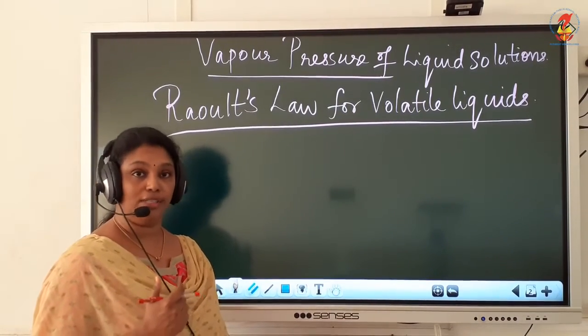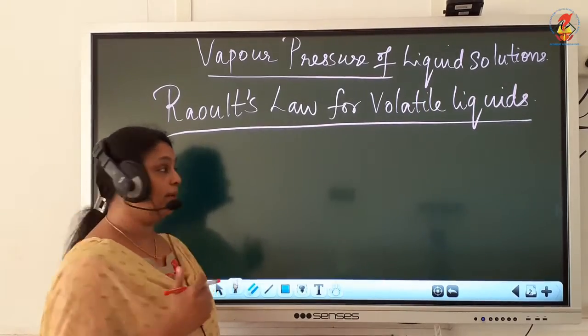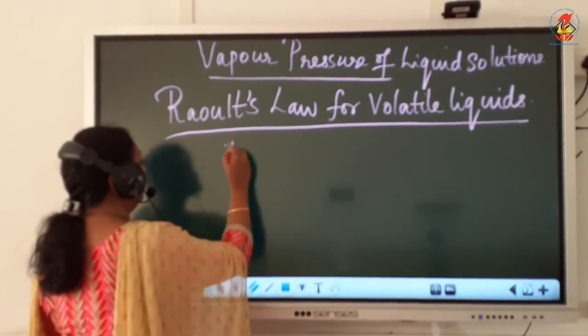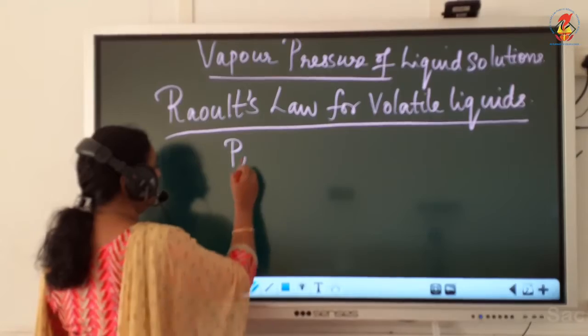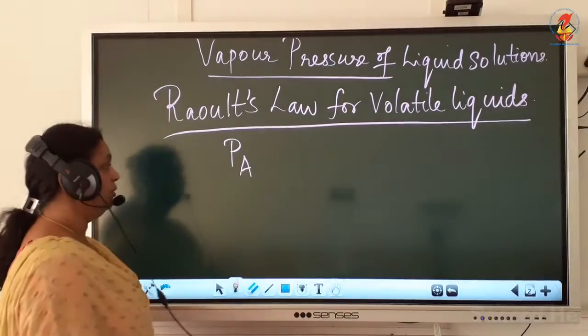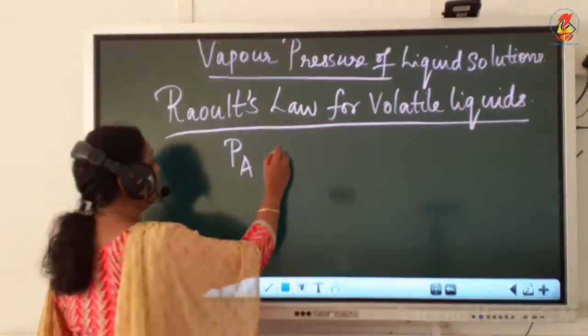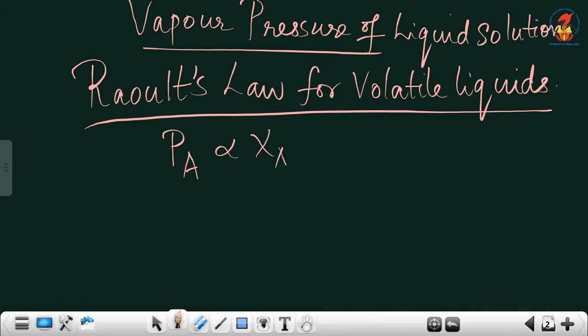So, according to Raoult's law, the partial vapor pressure of each component: the partial vapor pressure of solvent, one component denoted by PA, is proportional to its mole fraction XA. And the second component is solute. The partial vapor pressure of solute, PB, is proportional to mole fraction XB.